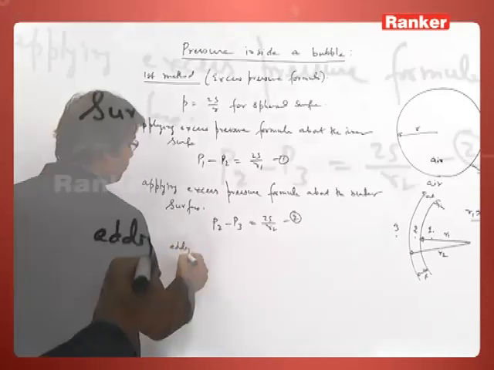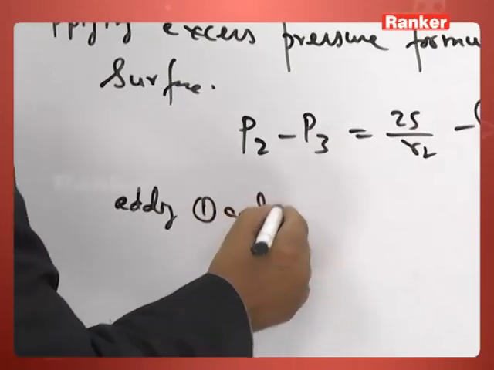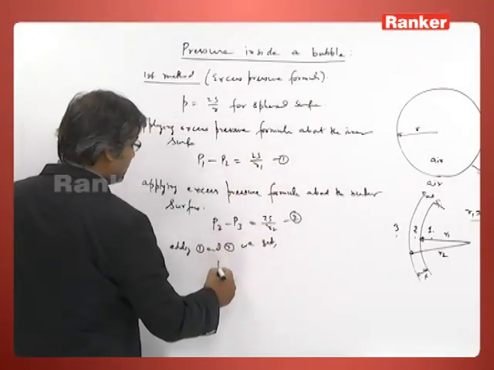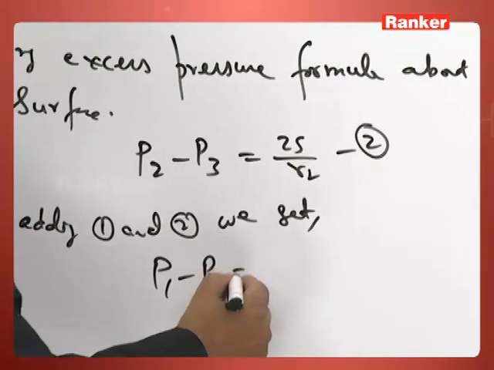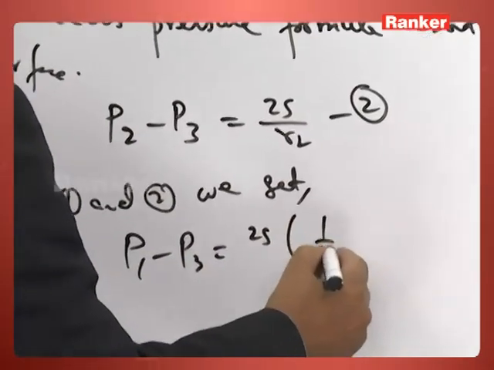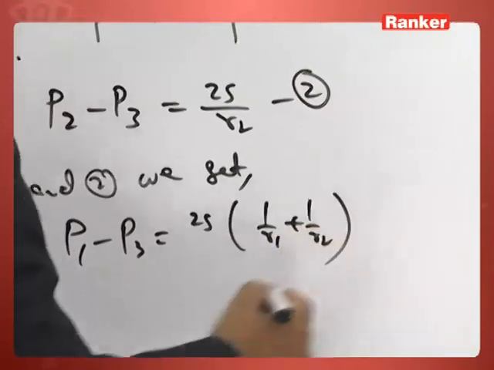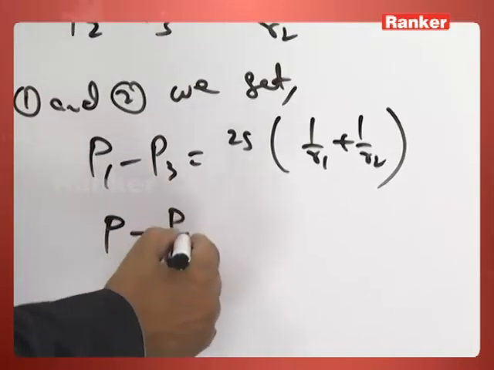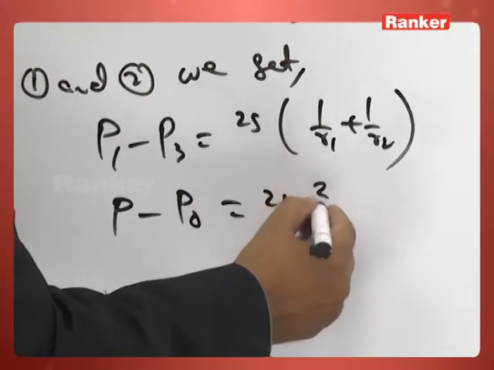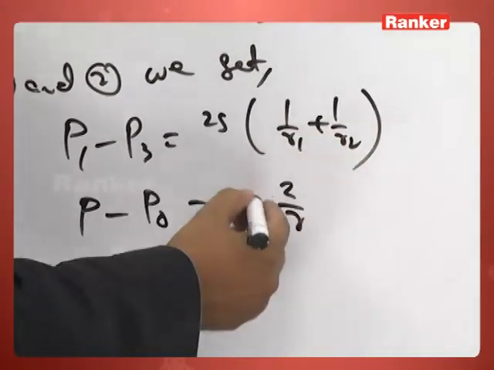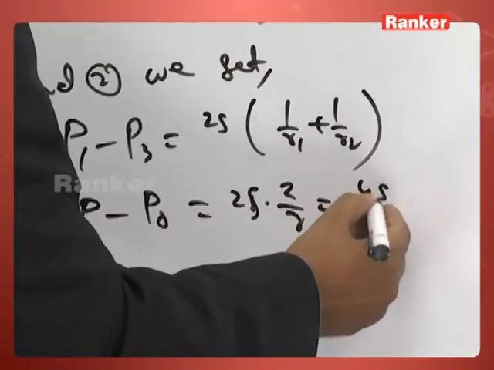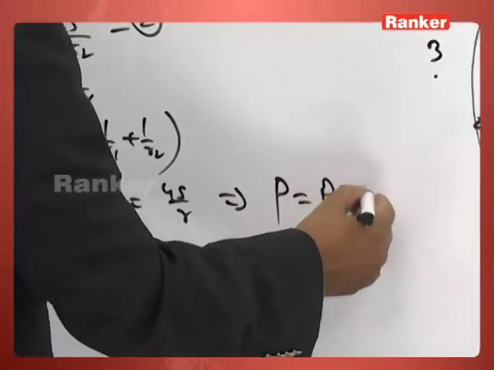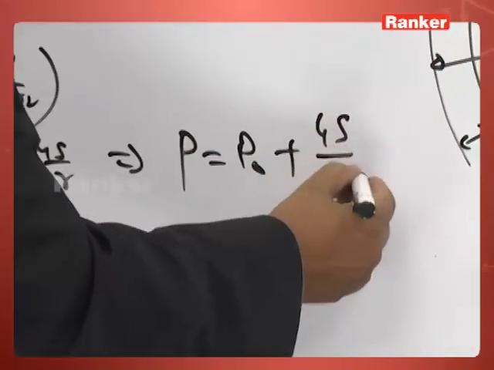Adding 1 and 2, P2 cancels, and P1 minus P3 is 2S times (1 by R1 plus 1 by R2). Now, P1 is the pressure inside, P3 is the outside pressure, and 2S times 2 by R because they are the same. So, that is equal to 4S by R. Thus, the inside pressure is greater than the outside pressure by 4S by R.